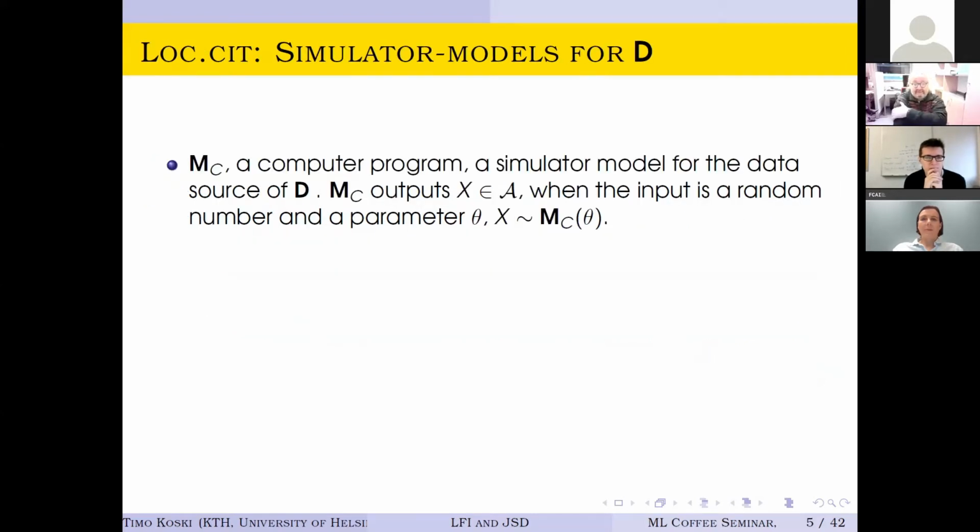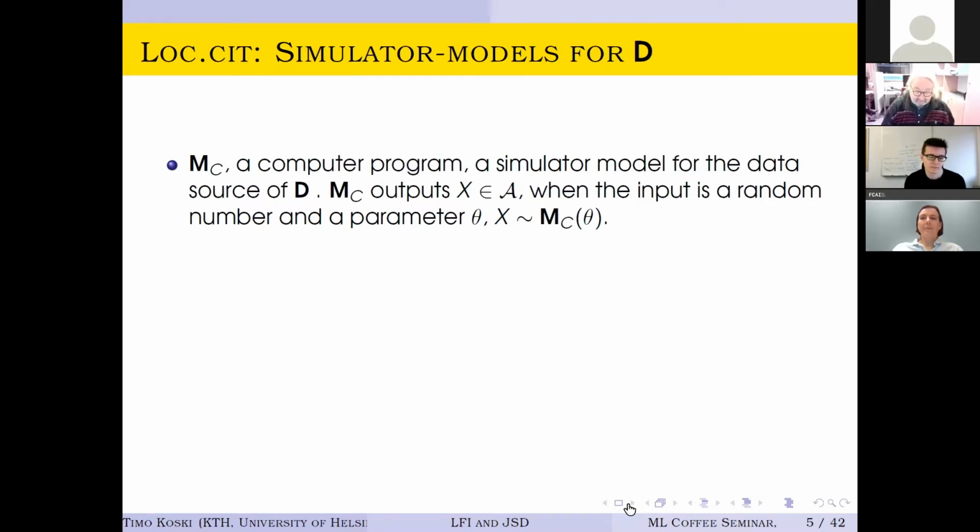As in the paper, we are talking about the MC, a computer program, that's a simulator model for the data source, I mean, the data source that generated the data D. When you give an input to the program, a random number, I mean the simulator, and then a parameter, you get a random variable X that has values in this alphabet.